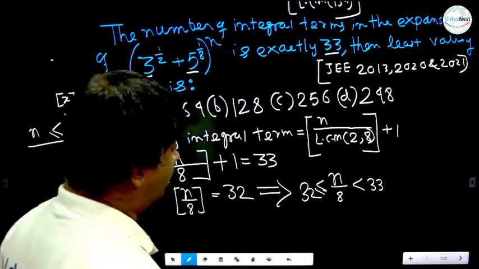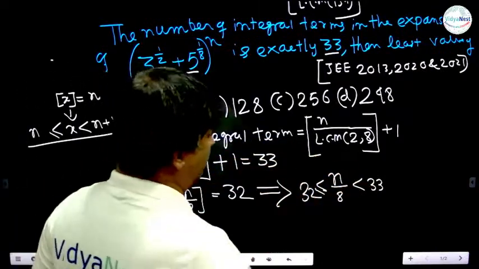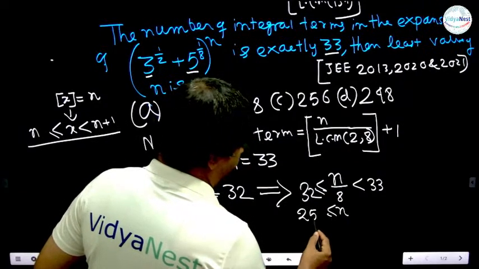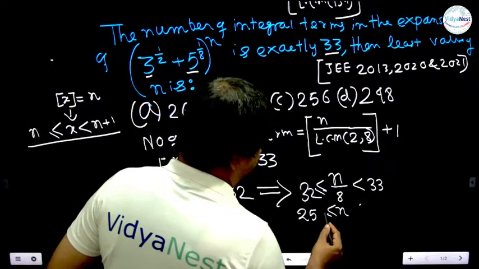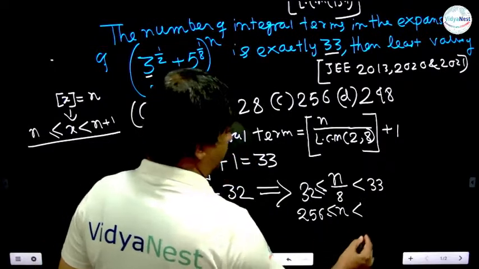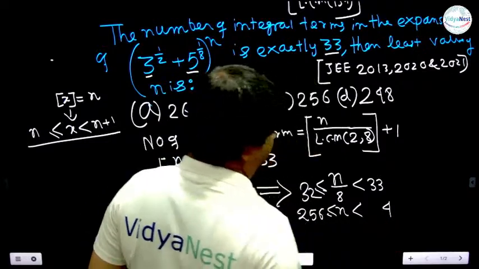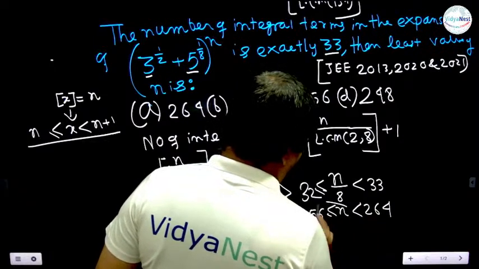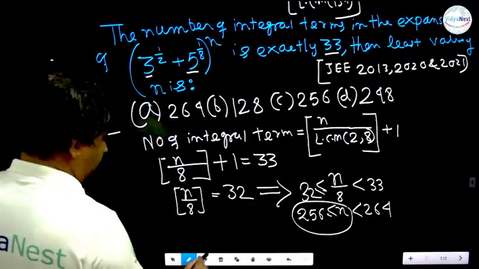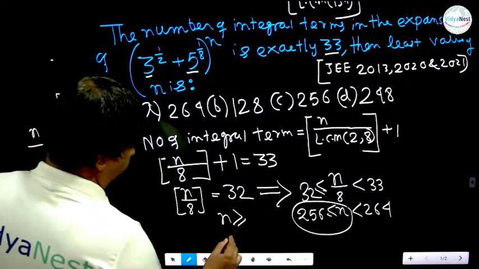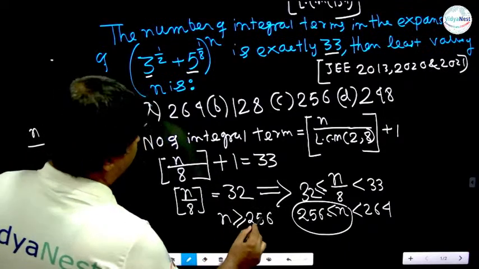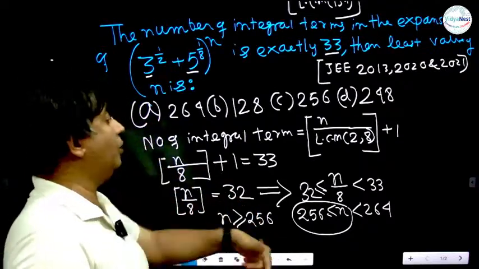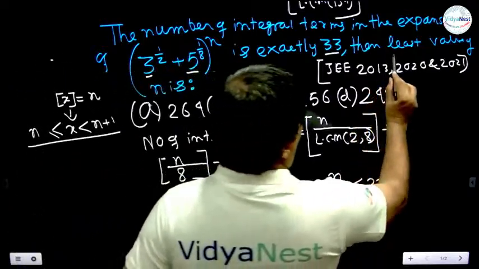Now if n by 8 lies between these two, where does n lie? Cross multiply. Taking that inequality, it represents that n is greater than or equal to 256, and we are asked to find the least value.